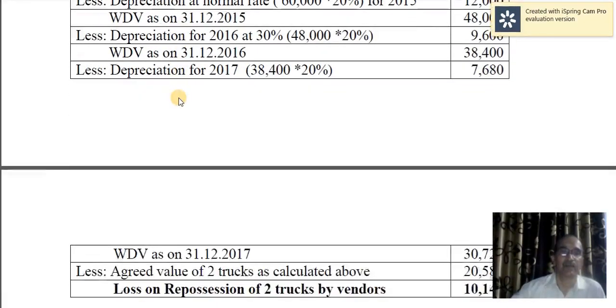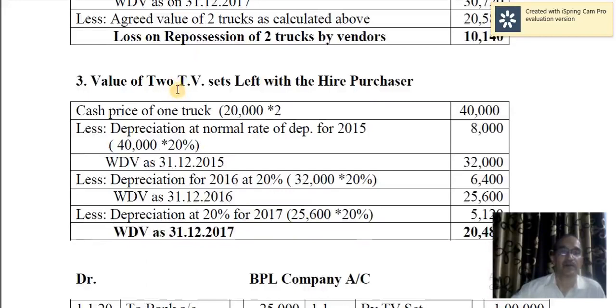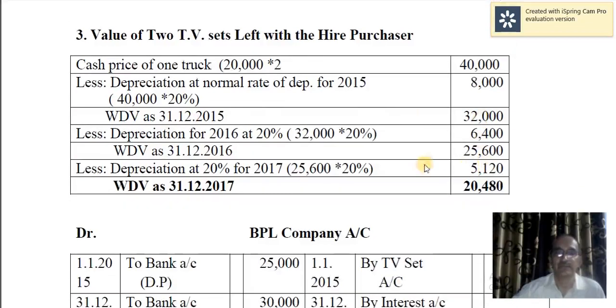Now we'll move on to the 2 TV sets left with the hire purchaser. So 20,000 each on 2 TV sets, so that will be 40,000. Normal depreciation 20%, therefore 8,000 for the first year. Written down value after that is 32,000.